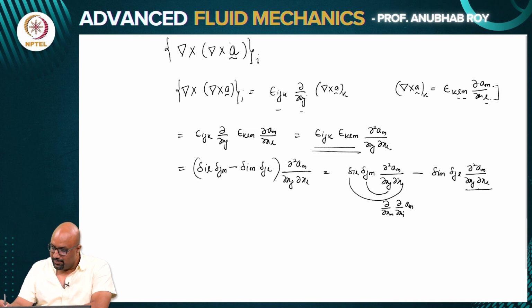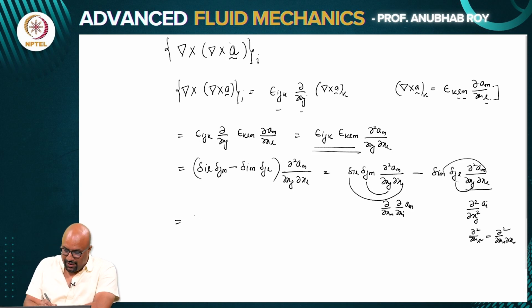For the second term, I have j replaced with l. So, I have this term becoming dou square dou xj square or dou square dou xl square, it does not matter. So, that is basically dou xl dou xl or dou square dou xj dou xj, and then m becomes i.